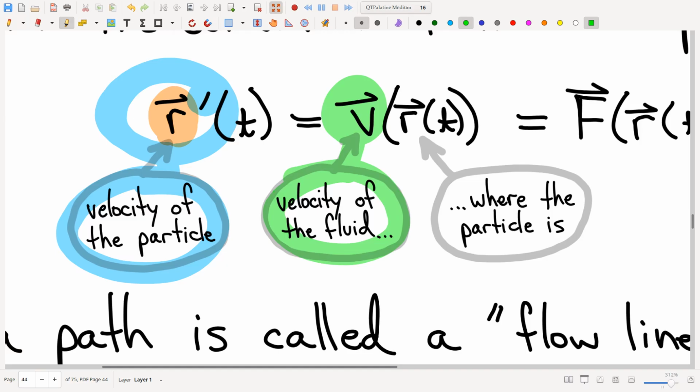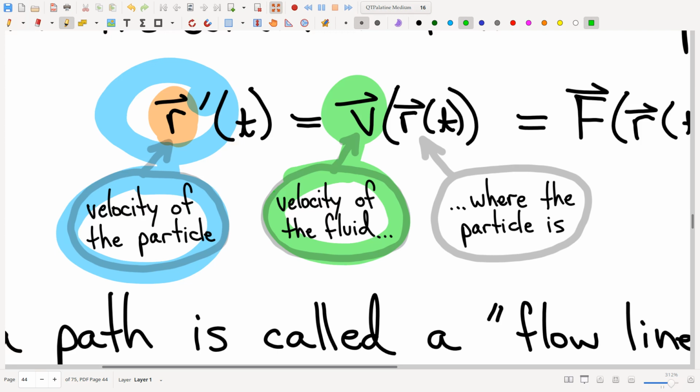And now, point of recognition: the velocity of the fluid is different at different points. Where should I measure the velocity of the water to infer the velocity of the particle? Well, wherever the particle is.